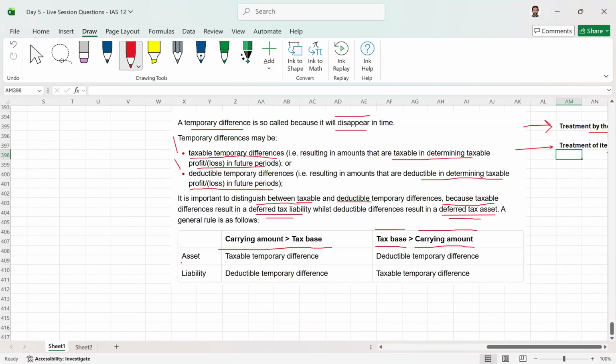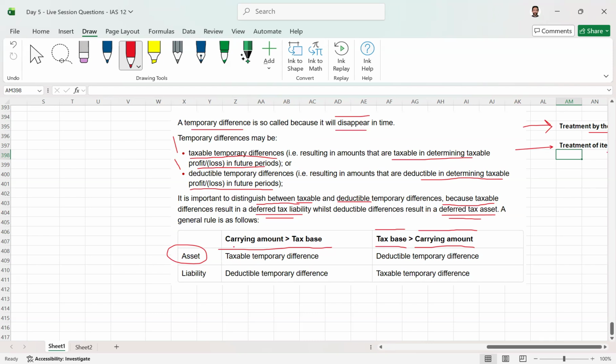And if it is the case of an asset, that results in a taxable temporary difference. This is the situation we're looking at. It results in amounts that are taxable in determining taxable profits. So where we have taxable differences, it results in a deferred tax liability.